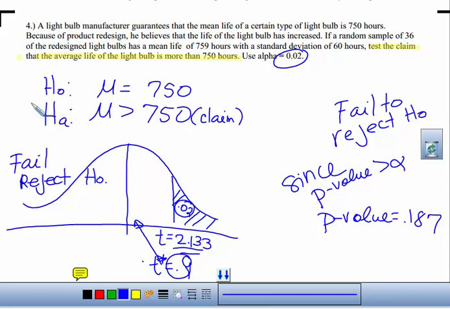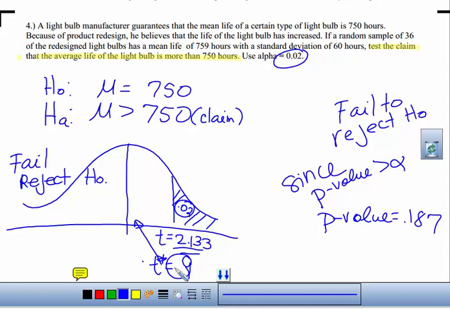hypotheses. You can't do a hypothesis test without having hypotheses. All right, and then from there, because most of you will be taking this on the computer, you can't really draw out this curve. I'm not expecting you to do that, but you do have to report what your critical value is and also your test statistic if you're choosing to do this by the traditional method.